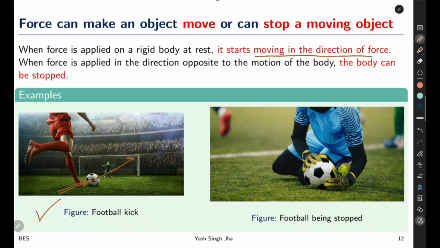Also, when the force is applied in the direction opposite to that of the motion, the body can be stopped. An example is again in football, when the goalkeeper grabs the moving ball to stop a goal. So the ball was moving, on application of force, the football stopped.